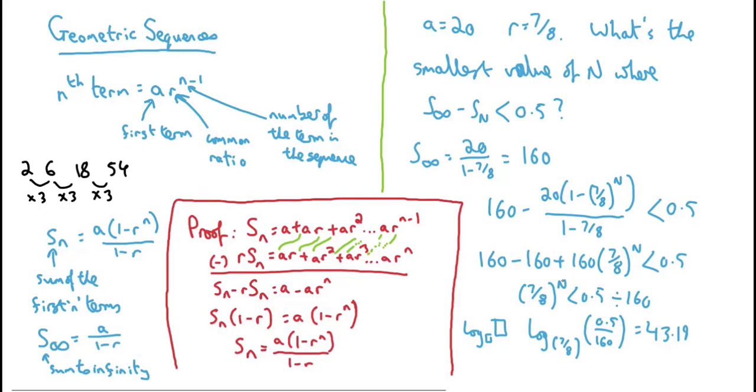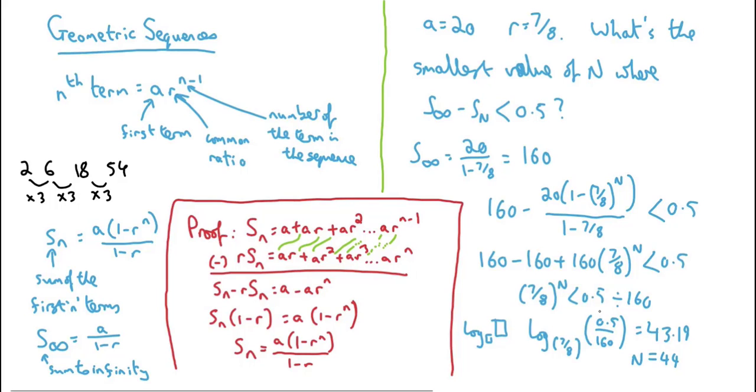Or think about it this way: we want this to be a smaller thing, and if you do a fraction to a bigger power, the bigger power makes it the smaller value. So 43 would make this bigger than if it was 44. We want it to be small though, so n has to be 44 for the smallest value for which this works.